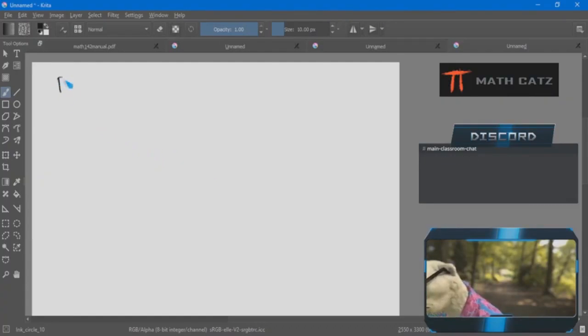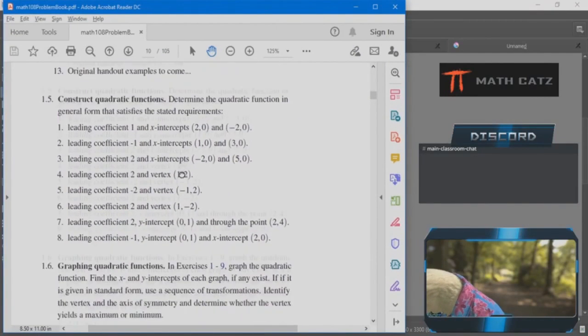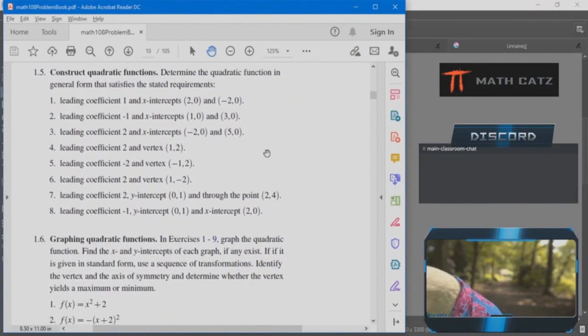I want to do problem 1.5, number 5, just because it's a little different, so why not? I want to make any quadratic function you want as long as it satisfies the requirements.